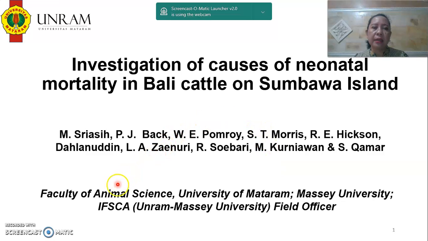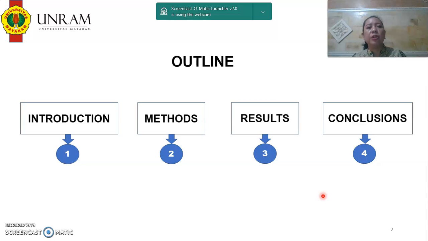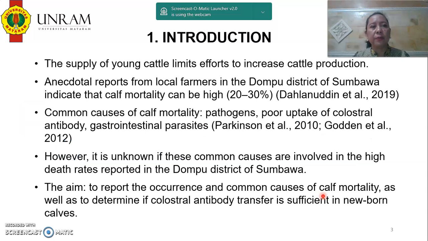This is a collaborative work between the Faculty of Animal Science, University of Mataram, and Massey University under the IFSCA project. My presentation will start with a little introduction, followed by the methodology we use, and then results and conclusion.